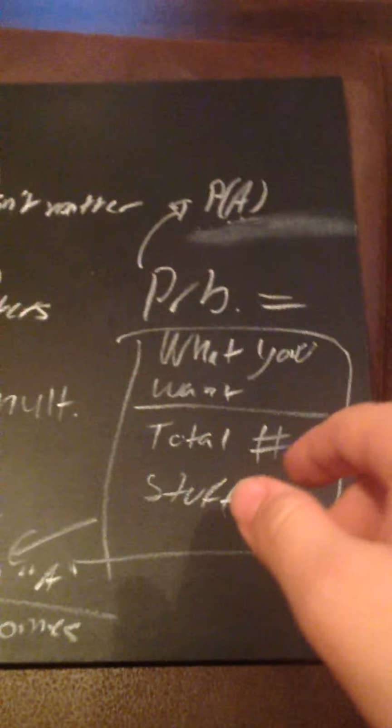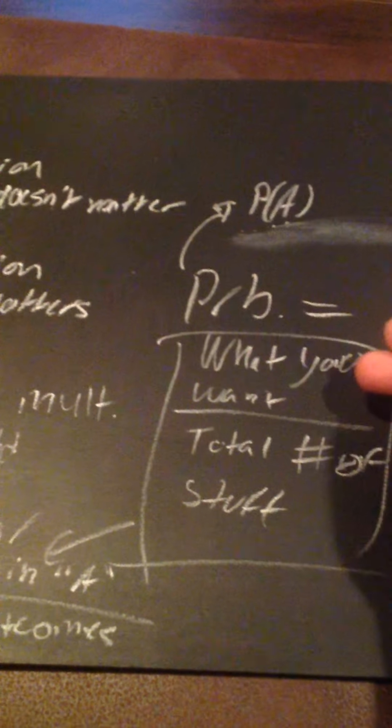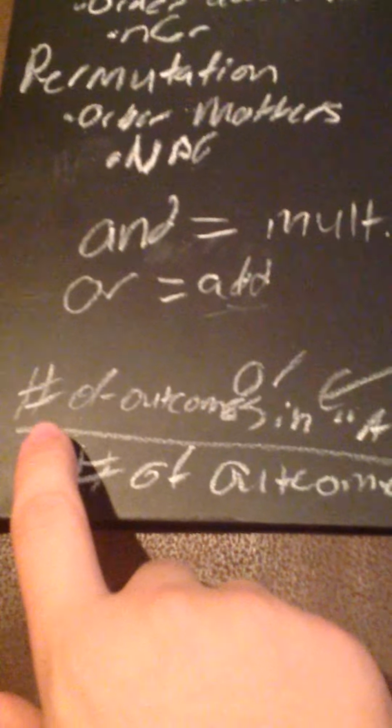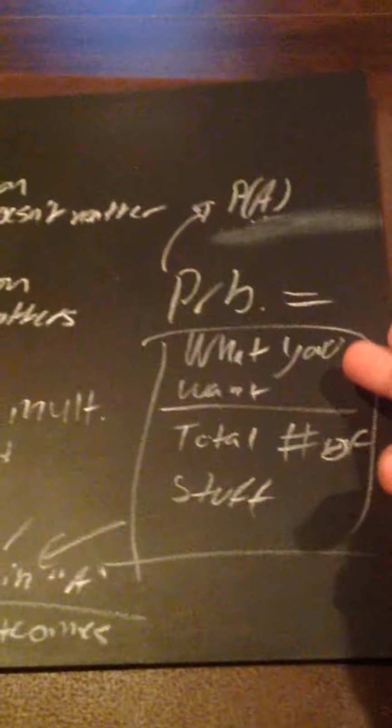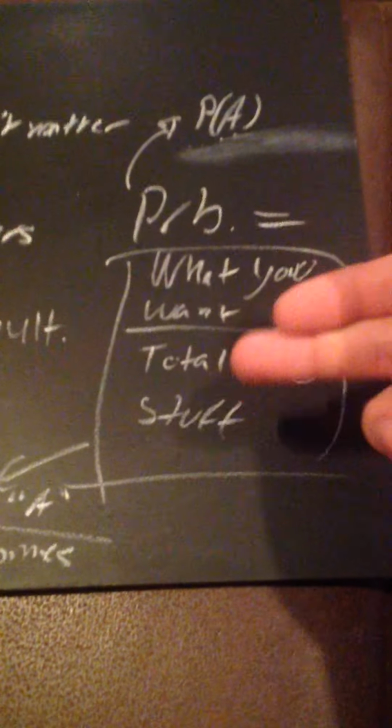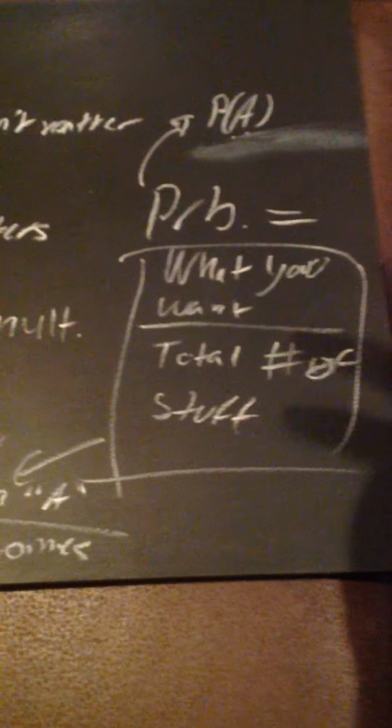P of A, that's another way you'll see it, or just PRB, probability. And again, what you want over total number of stuff you have. The official formula would be the number of outcomes in A over the number of outcomes in total. Notice I want A, so what I want over total number of outcomes.